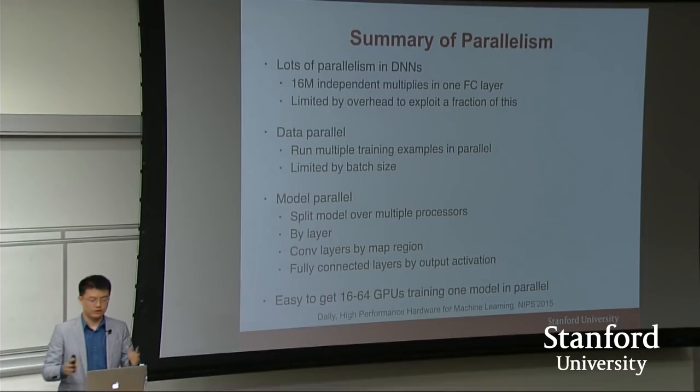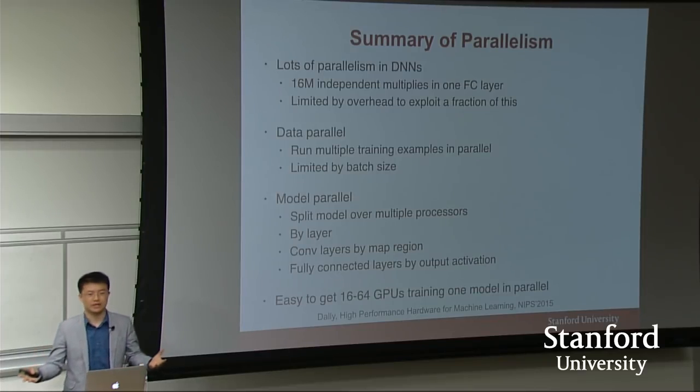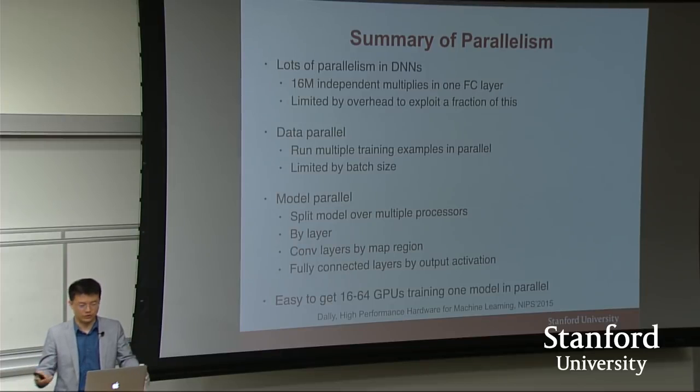Okay, a small summary of the parallelism. There is a lot of parallelism in deep neural networks. For example, the data parallelism. You can run multiple training images, but you cannot have an unlimited number of threads or processors because you're limited by batch size. If it's too large, stochastic gradient descent becomes gradient descent. That's not good.